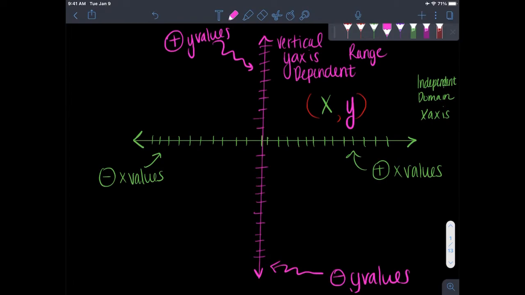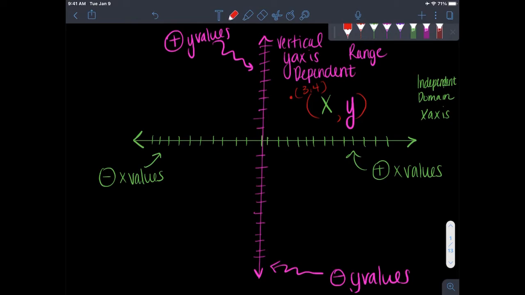The x will tell us where it lines up with the x-axis, and the y value will tell us where it lines up with the y-axis. For example, if I said (3, 4), I would say 1, 2, 3, and then go up 4: 1, 2, 3, 4, and that would give me the point (3, 4).